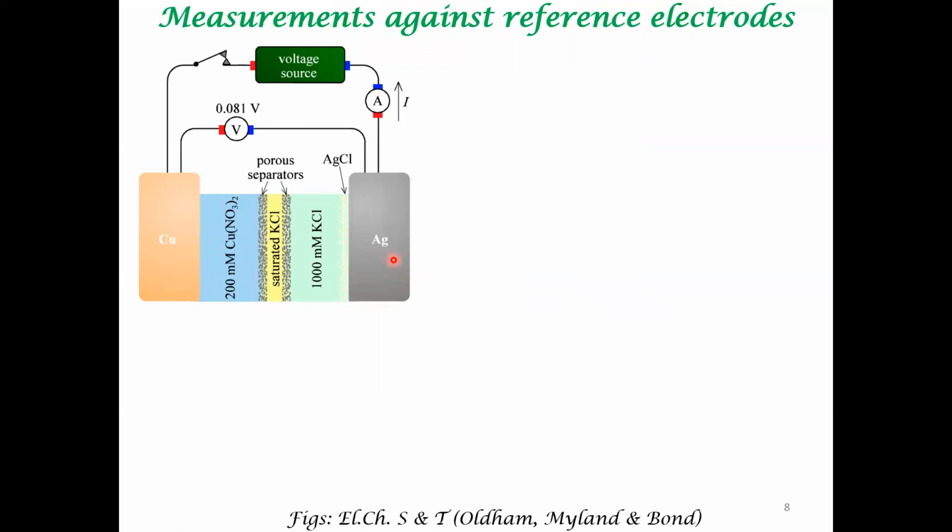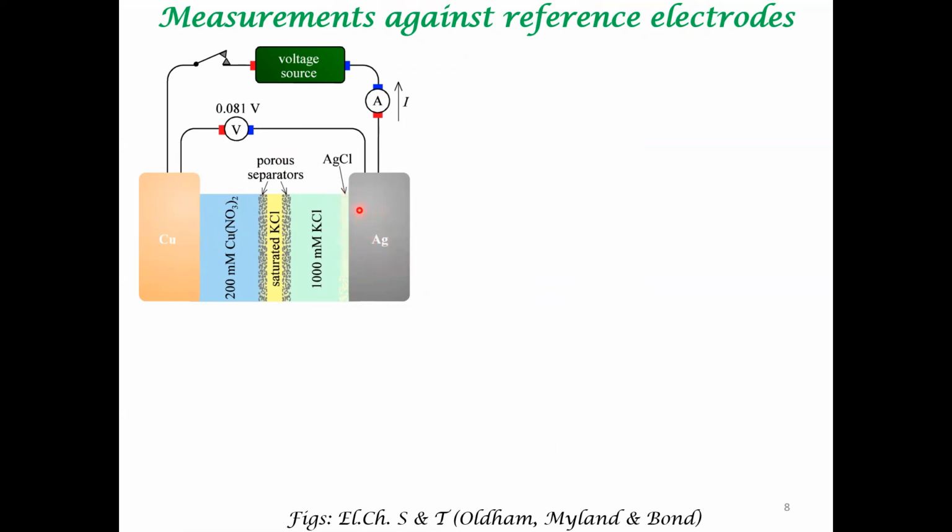All right. So let's get back to the question. So I had started with this copper zinc system. Let's take a copper electrode. When I have a copper electrode, let us make an experimental measurement against a reference electrode.